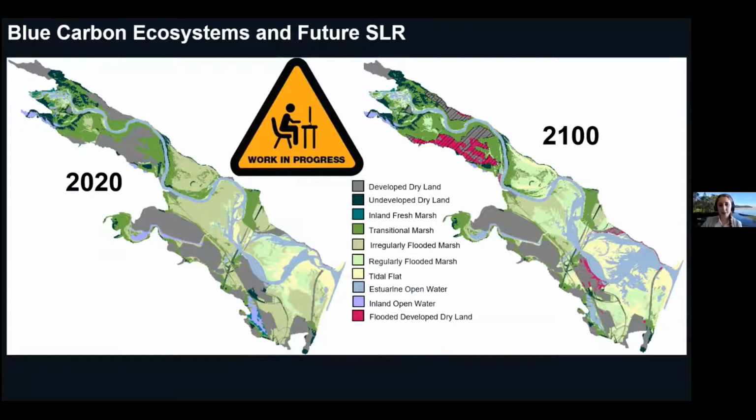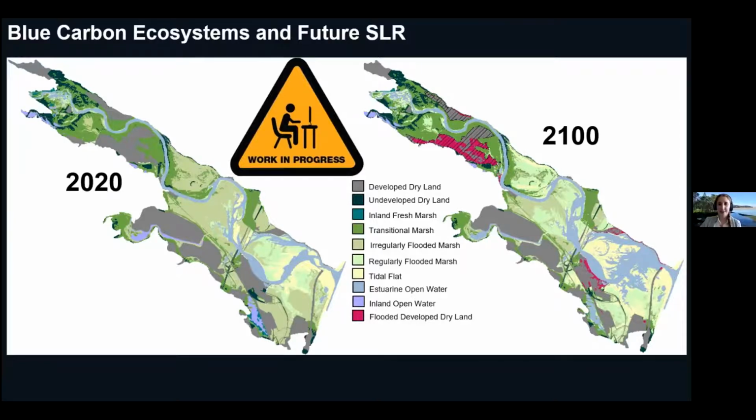In the middle to upper reaches, the large bit that is predicted to be flooded is actually currently occupied by salt pan areas, so that could convert to salt marsh over time. We can also see a large expansion of estuarine open water as well as tidal flats in the lower reaches. So I'm hoping to finish this up and submit it soon so that these results will be available and applicable where necessary.